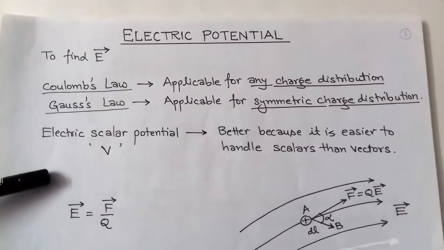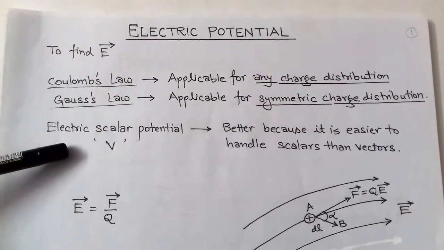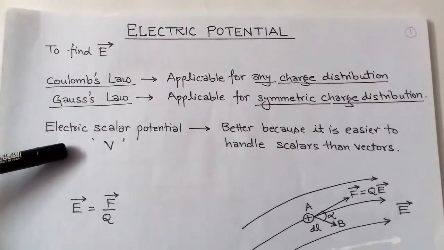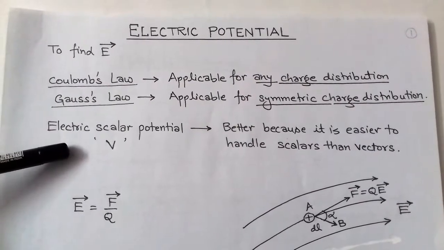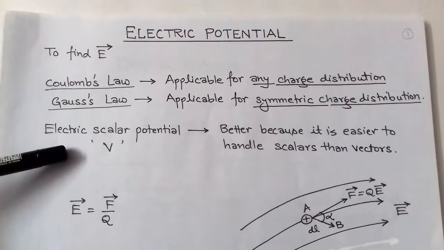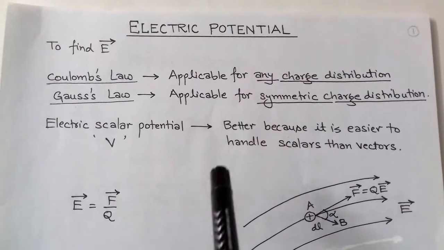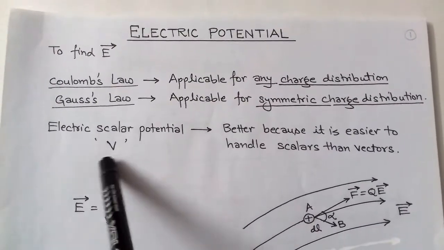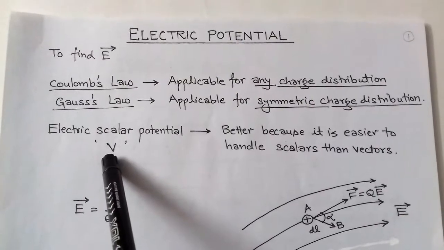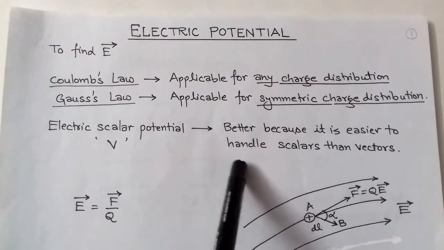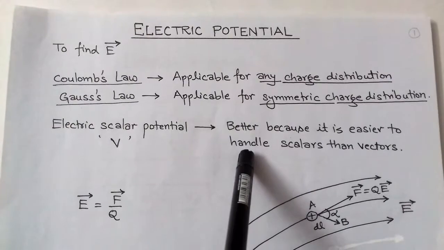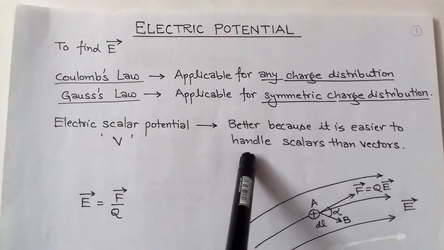And here we study a new concept of electric potential to determine the electric field intensity E, because electric potential is a scalar quantity and it is easier to handle scalars than vectors.